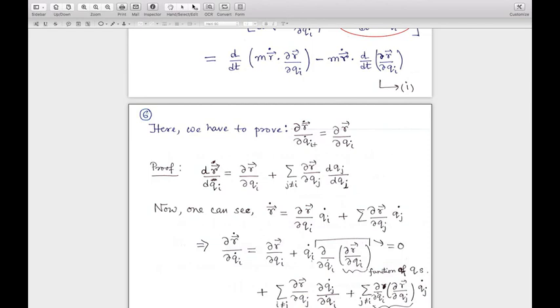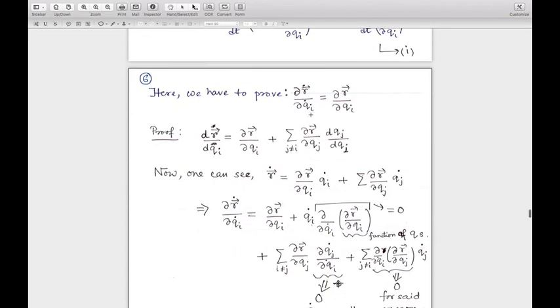But for partial differentiation, we have to prove this. For this problem, I have specifically assumed that r, the position vector, is only a function of generalized coordinates, with no dependence on time and no dependence on velocities. Although dependence on velocity is impossible in general, explicit dependence on time is possible.